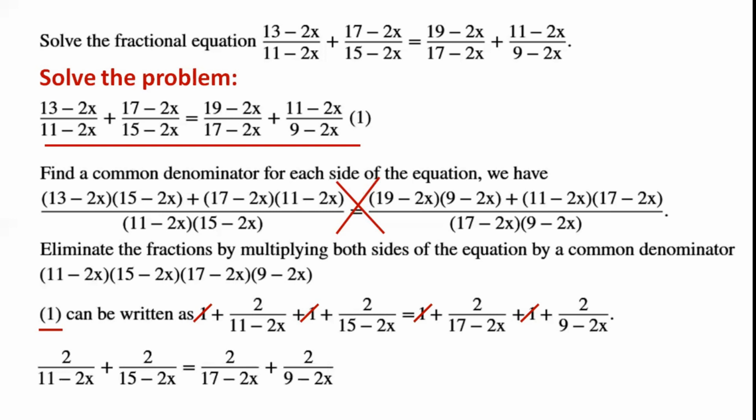So we can now write 2 over (11 - 2x) plus 2 over (15 - 2x) equals 2 over (17 - 2x) plus 2 over (9 - 2x).